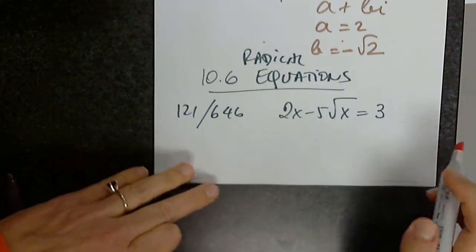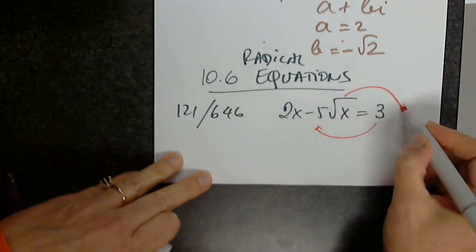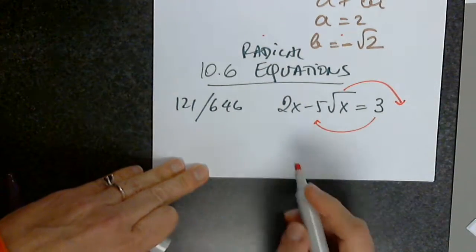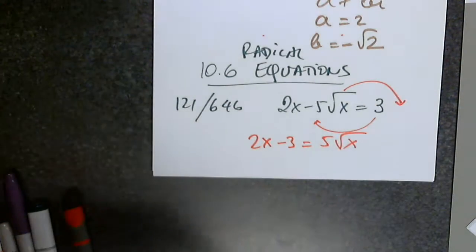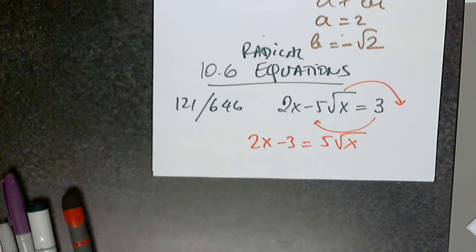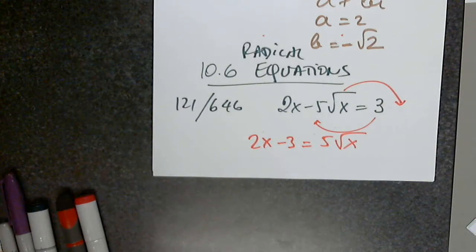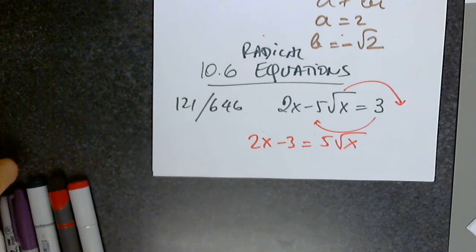Yes, well, I have to. So I prefer doing this, but it doesn't matter. 2x minus 3 equals 5, the square root of x. It doesn't matter. But you have to be very careful with the negative signs. That is the first step.